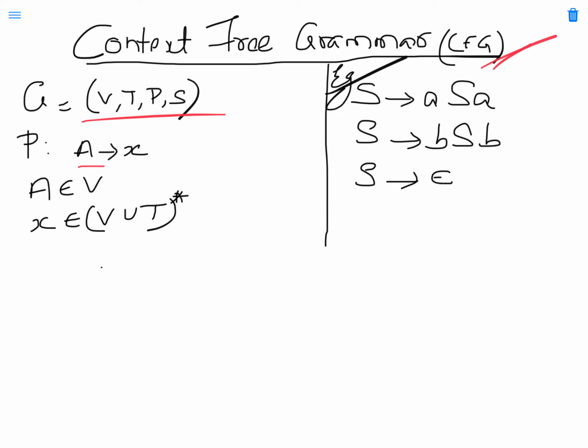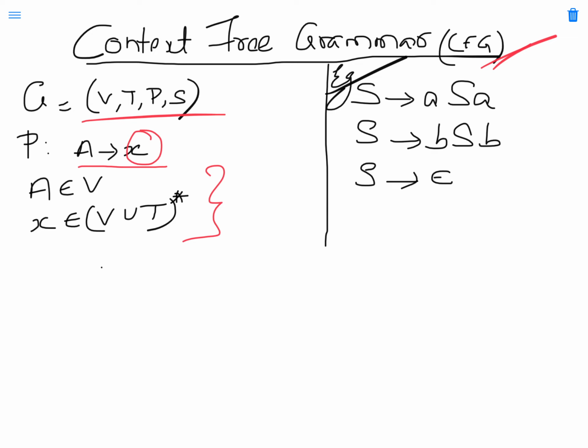You can see that it takes the form A gives X. So X can be a set of variables or terminals. It can take any form, either variable or terminal.